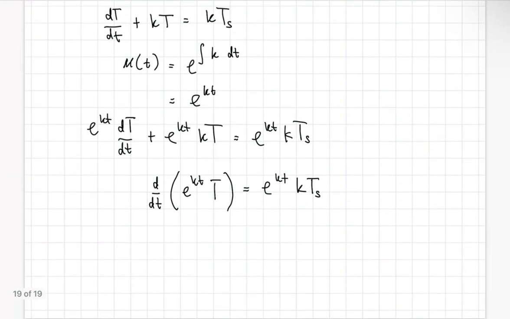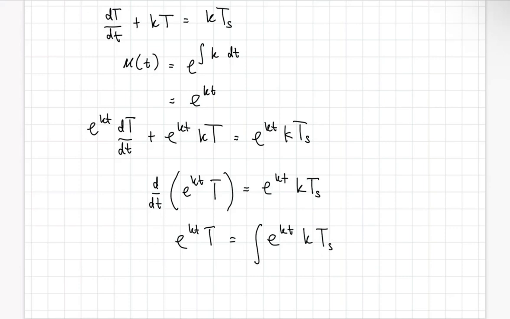Then to get rid of the d over dt, what we do is integrate. Integration and the symbol of differentiation will cancel out. So integrate both sides. We will have e to the kt times T equals the integration of e to the kt times k times Ts.